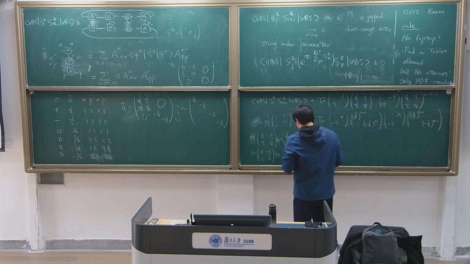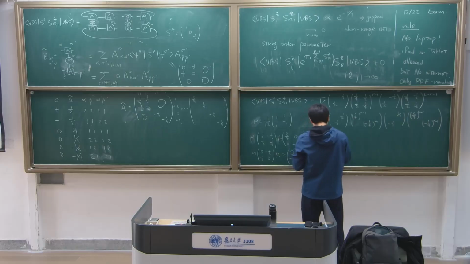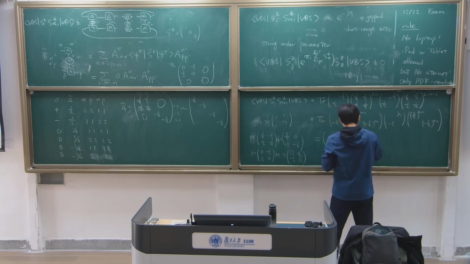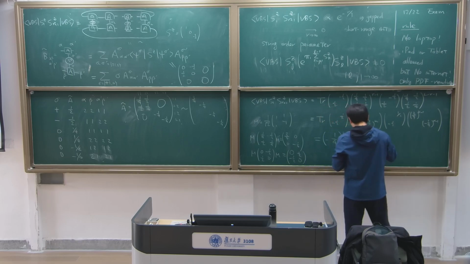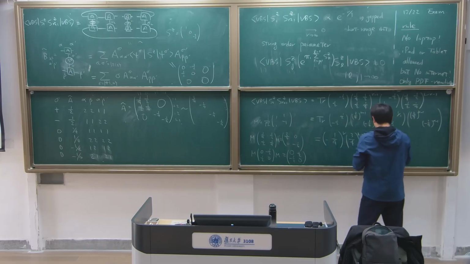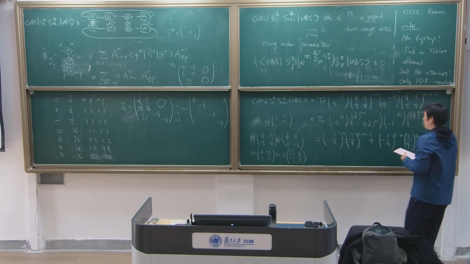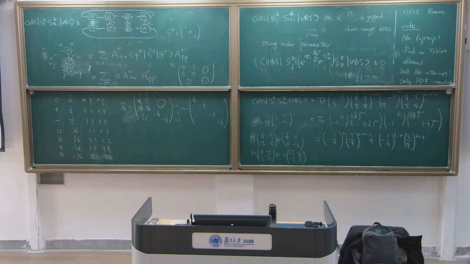Okay, so if you compute this one, what you get is minus 1 for 4 to the r, 0 for 4 to the r minus 1, plus minus 1 for 4 to the L minus r, 3 over 4, r minus, like this. Very simple computation.